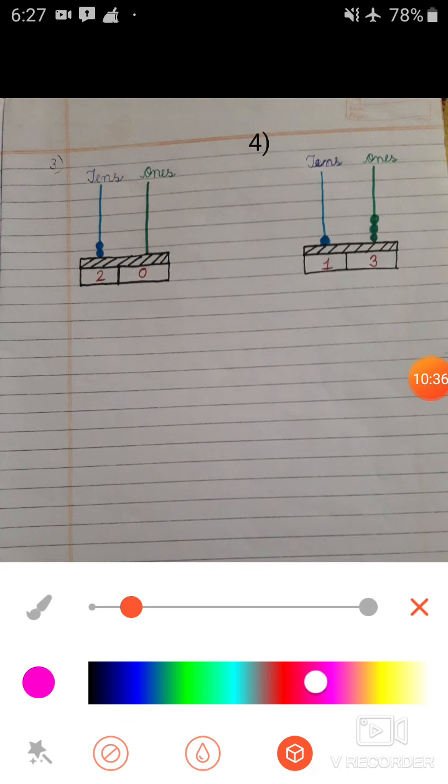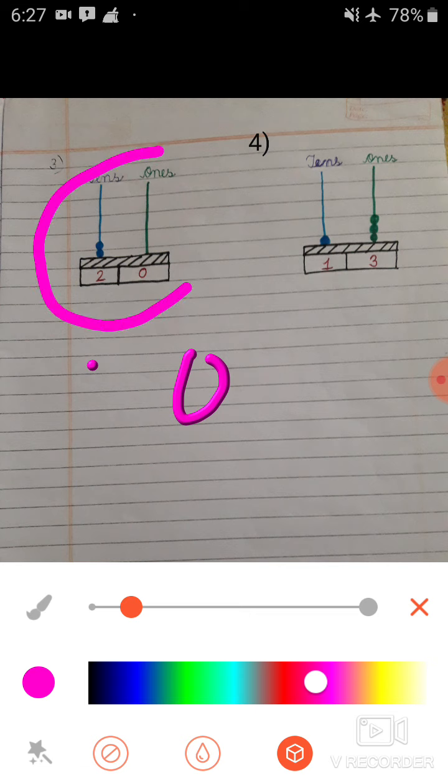Nothing means 0. So there are 0 ones. So 20 plus 0 is equal to 20. So here this abacus shows the number 20.